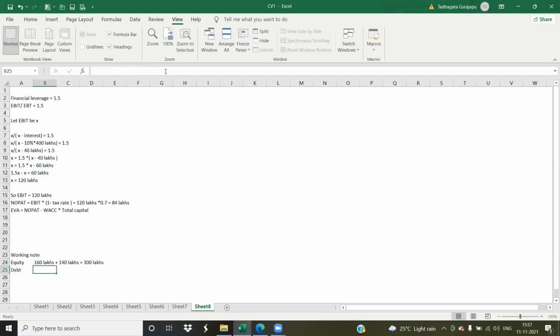Debt, it is 400 lakhs. So debt equity ratio would be 4/3, right?